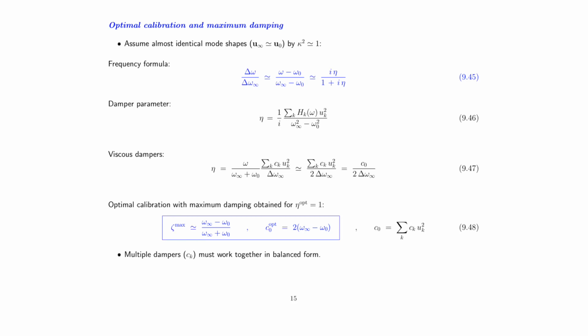Let's make some further approximations to get a solution that can be used to calibrate our dampers. First of all, we introduce omega squared minus omega 0 squared. That's equal to omega minus omega 0, times omega plus omega 0.